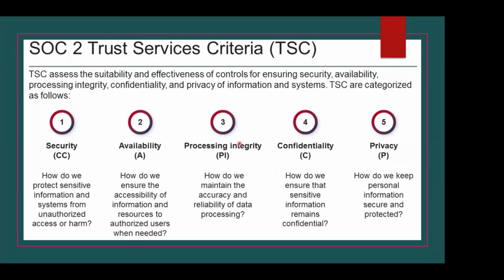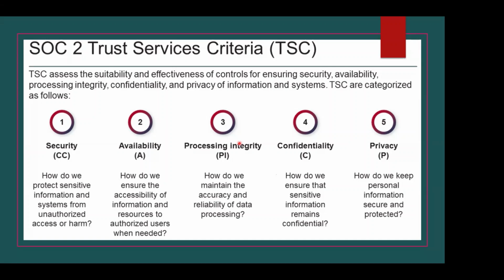The third one is processing integrity, which is also called PI. This is not PII, this is an abbreviation of processing integrity, which means how we can maintain accuracy and reliability of data processing. Number 4 is confidentiality, how we can ensure our information remains confidential.